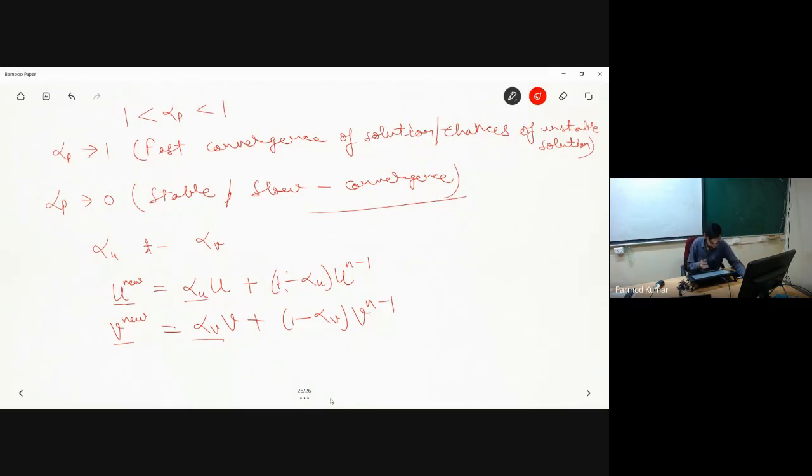Now, what is the expression for this particular u?